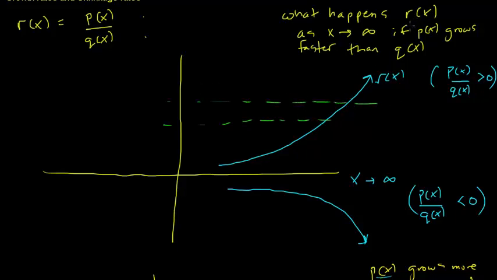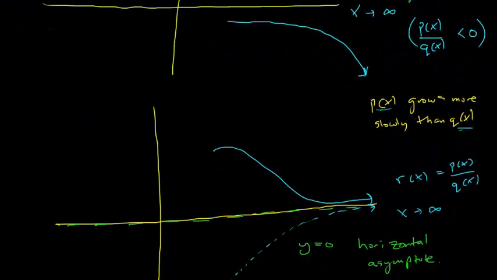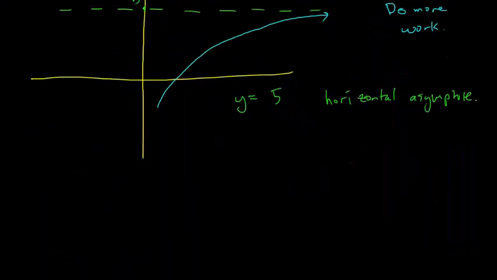It just keeps going up forever or down forever. So in this first case, there are no horizontal asymptotes. Alright, so that's what I'm talking about when I'm saying the growth rates of r of x as x gets really, really big.